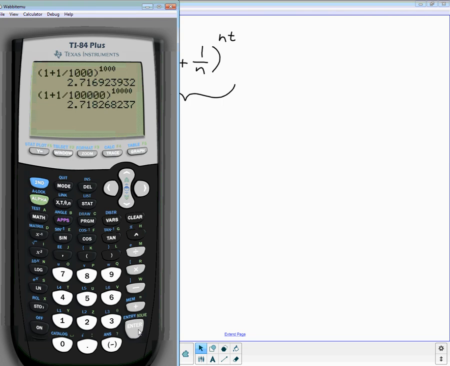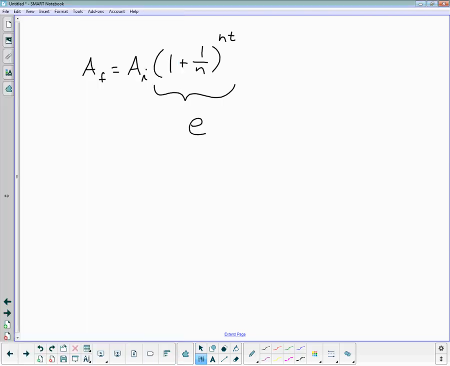We are approaching a value, and that value that we're approaching is e. e is the exponential. e is the base of the natural log. It is an irrational number. It is a very, very special number. This number is found all over nature. This number is the number that we use when we're growing things constantly.